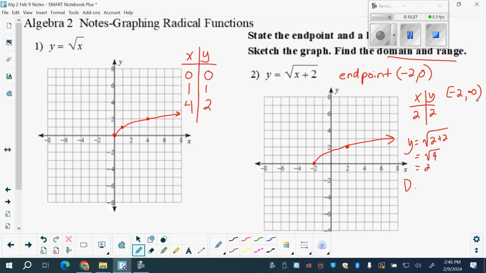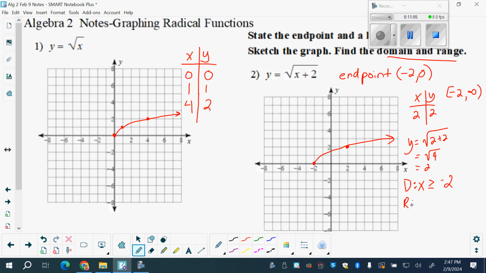So what would that be in inequality notation? X. So my X value starts at -2 and the other numbers get bigger or smaller? Bigger. So is it greater than or equal to, or just greater than? So equal because there's a point there. So X is greater than or equal to -2. Does that make sense? And again, I just chose this type of notation because the homework assignment gives it to you in inequality notation.